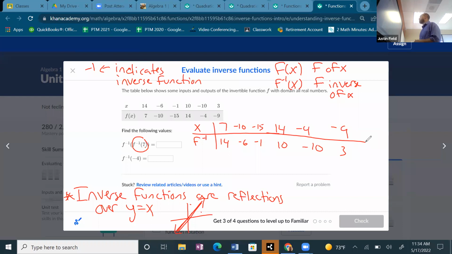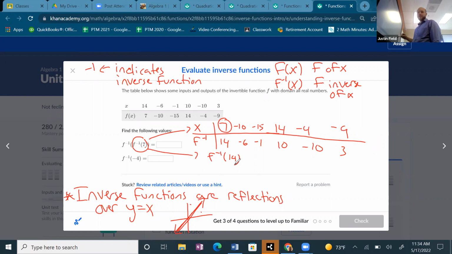So what's f inverse of 7? What is the value? Then we go to the f inverse table and we look at x of 7, which is 14. So f inverse of 7 is 14.